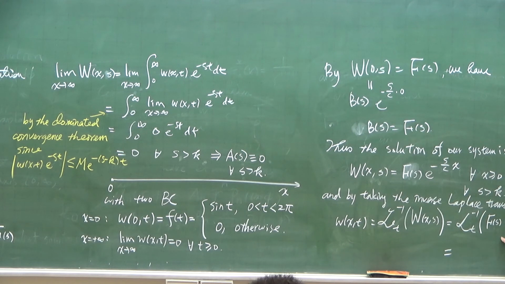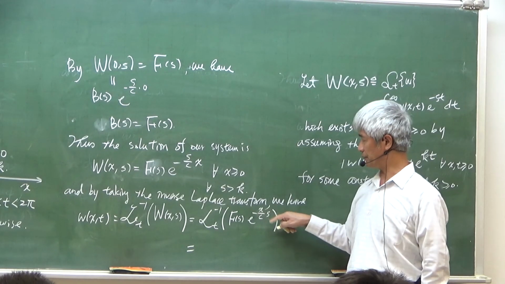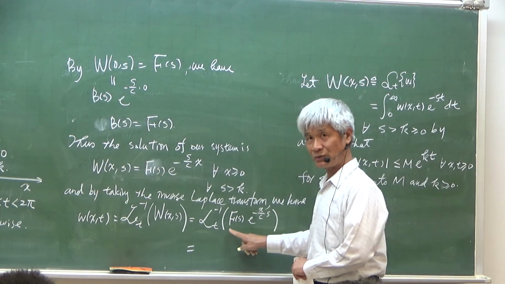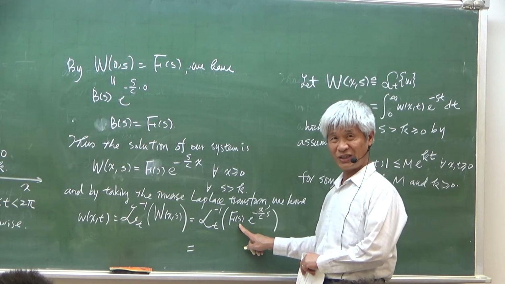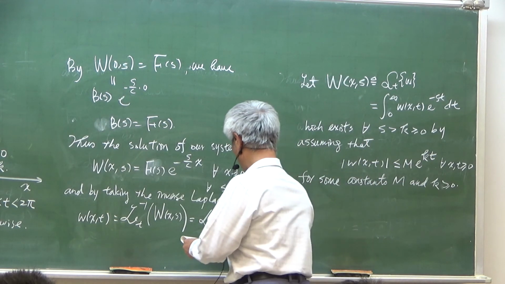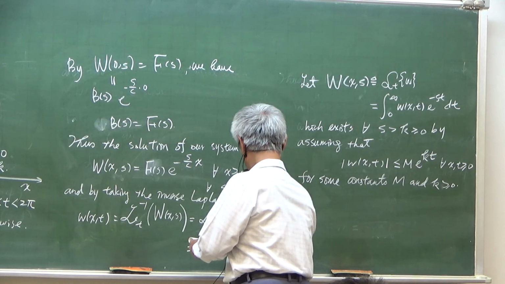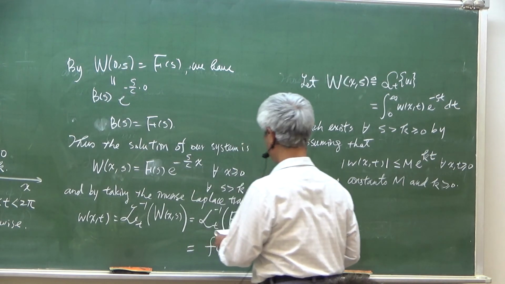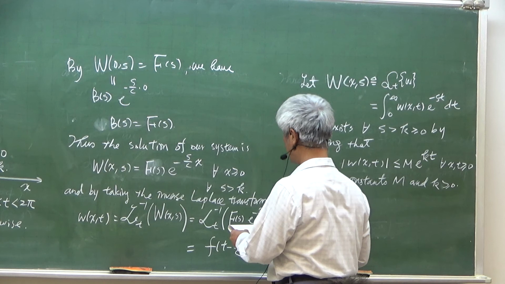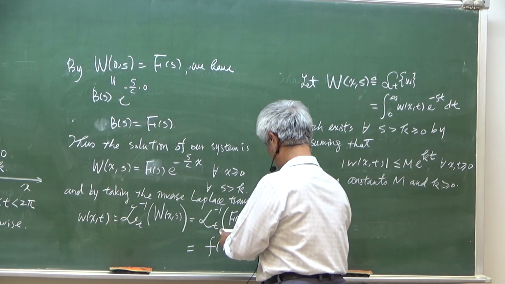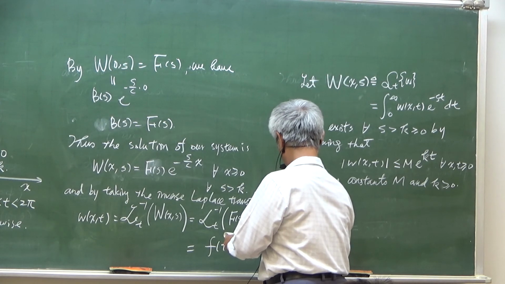By using a property of the Laplace transform, because if you have an exponential function, the inverse Laplace transform is just a time translation. So you have f(t - x/c) times the unit step function u(t - x/c).